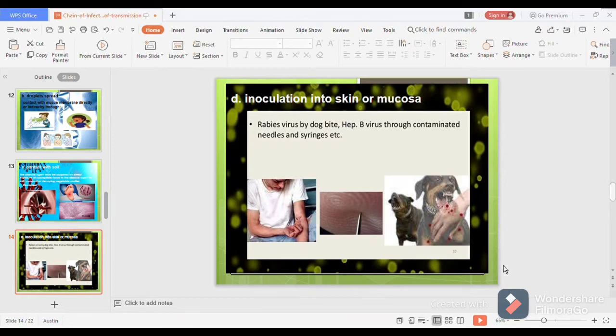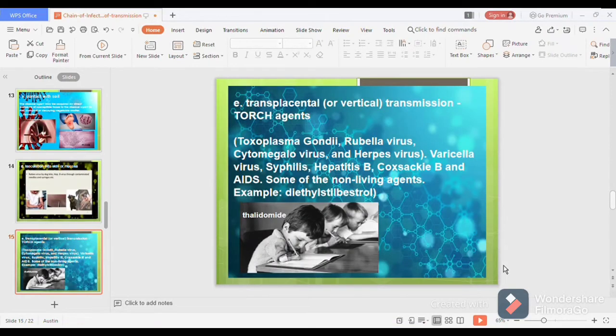So usually makita naman dyan ninyo na isa po niya sa example sa mga direct na contact. And the next is transplacental or vertical transmission TORCH agents such as Toxoplasma gondii, rubella virus, cytomegalovirus, and herpes virus, Varicella virus, syphilis, hepatitis B, Coxsackie B, and AIDS.